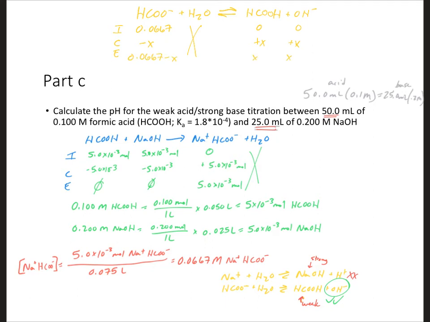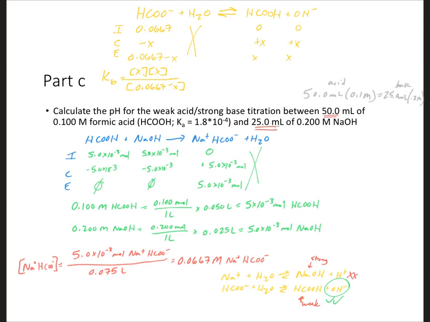So this is going to be a base dissociation. So we haven't calculated a Ka, we're actually working on a Kb. So Kb is going to equal the equilibrium expression, our x over our 0.0667 times 1. And so this is what the expression would look like.